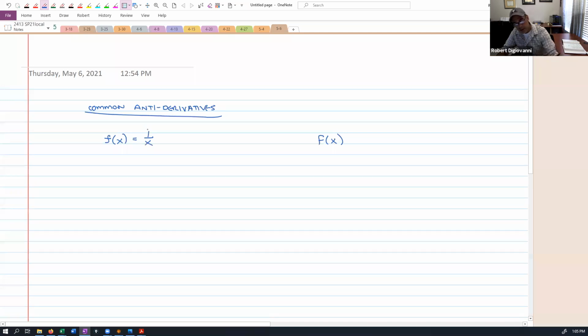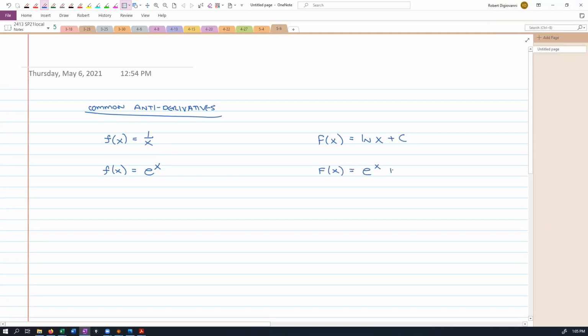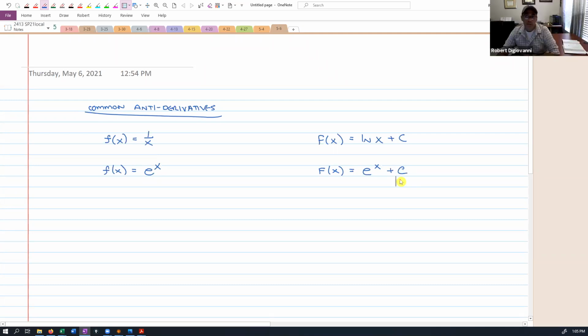The antiderivative of that was natural log of x plus c. The next one, we didn't talk about this, but e to the x. What would the antiderivative of e to the x be? e to the x itself, plus c.